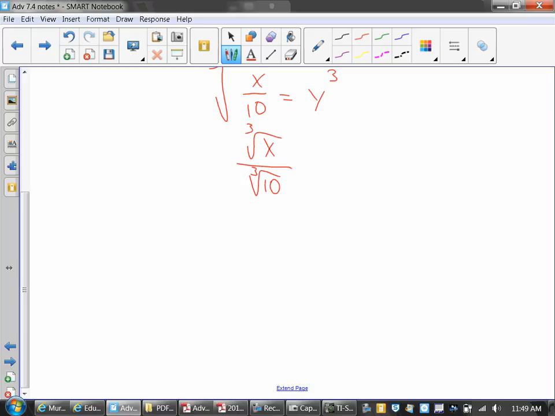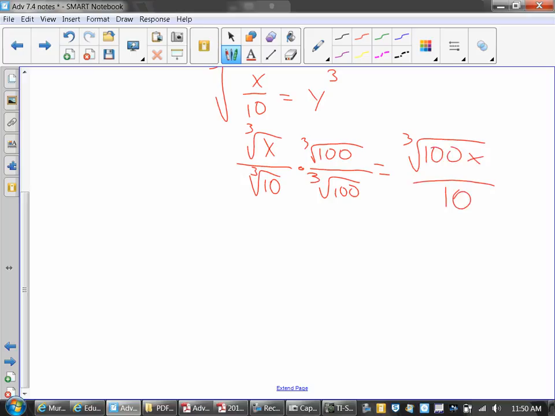Think about 10. What's 10 cubed? 1,000, okay? So in order to turn this into a perfect cube root, you'd have to multiply this by 100. You agree? So that's where you get the cube root of 100x over 10.